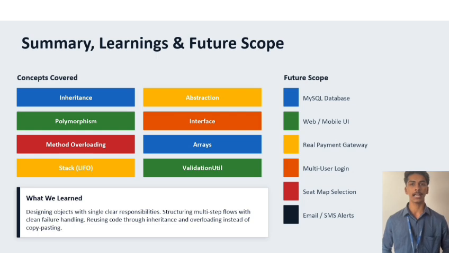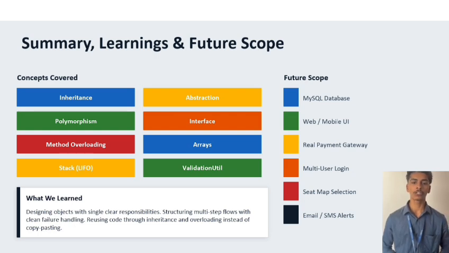Abstraction: abstract classes like person and payment. Polymorphism: process payment and get role are called uniformly but behave differently. Interfaces: like bookable as a contract for the booking service. Method overloading: book ticket and calculate amount with multiple versions.